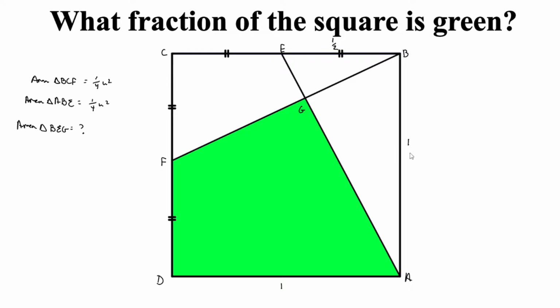So recall that side AB is 1 and side BE is 1/2. And these sides correspond to the hypotenuse of our triangles. So our ratio of similarity would be 1/2.